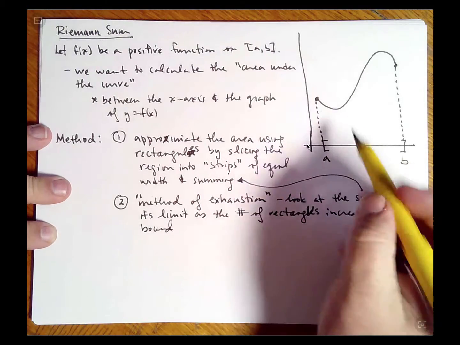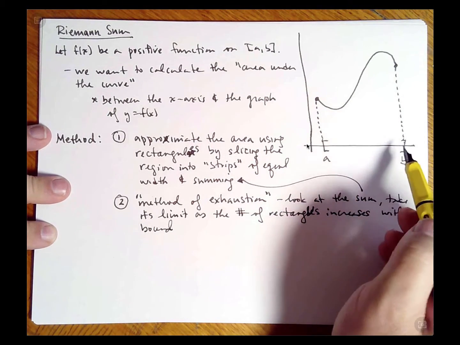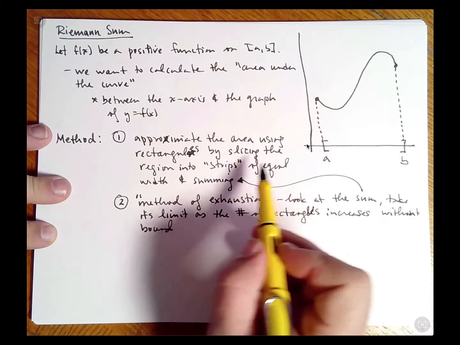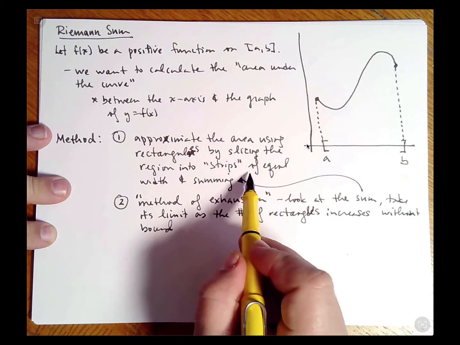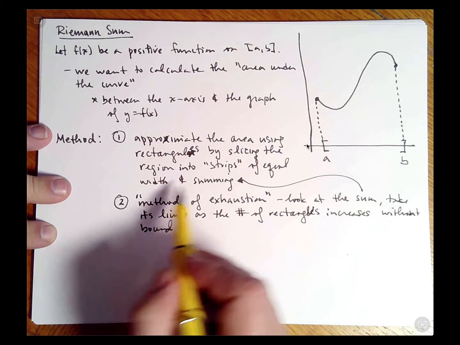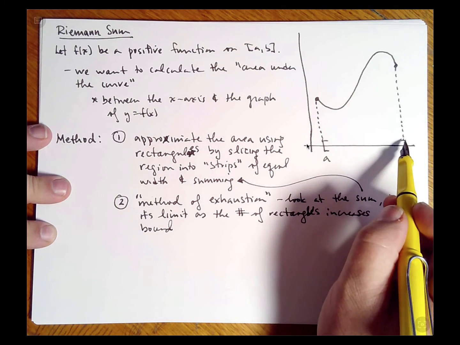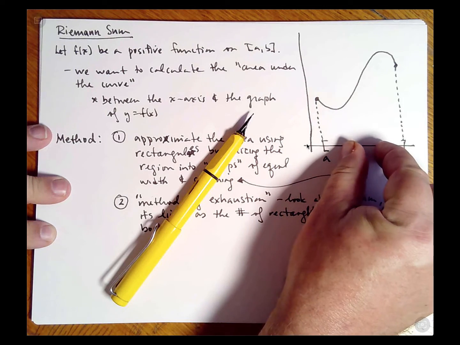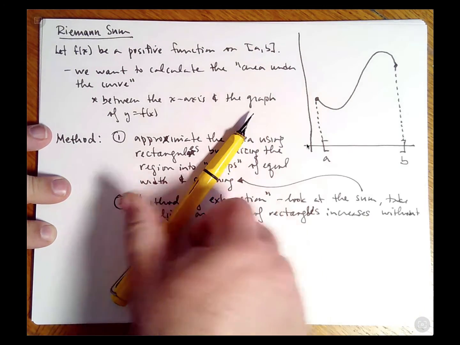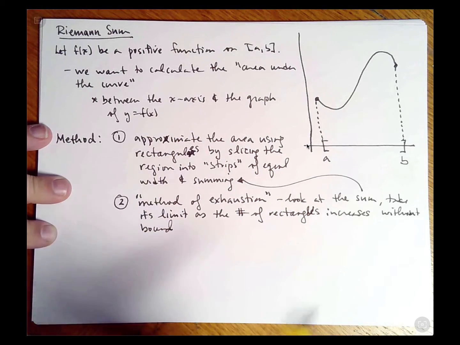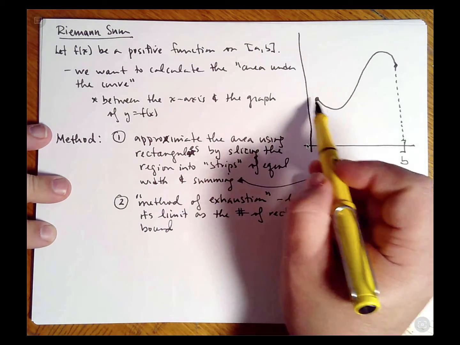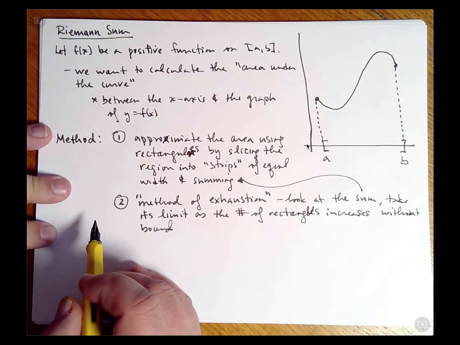So when we cut this region into strips, we cut it into a finite number of rectangles, and each rectangle has the same width. And so as we increase the number of rectangles, each rectangle gets narrower and narrower. Right? They start wide, and then they shrink and they get narrower and narrower. And as they get narrower and narrower, the sum of the areas of those rectangles get closer and closer to the area of the region under the curve.